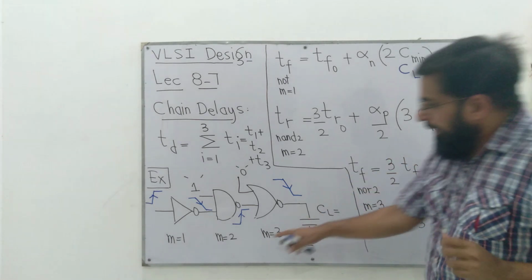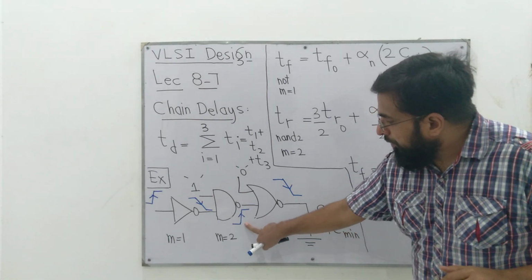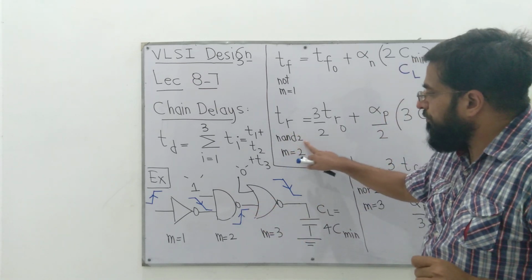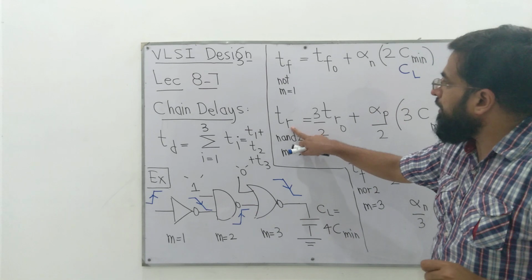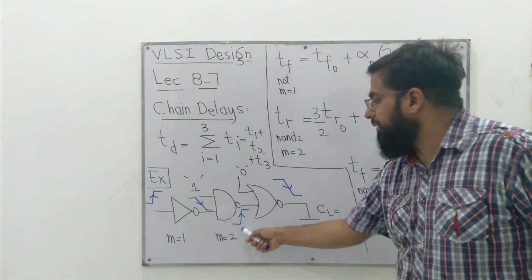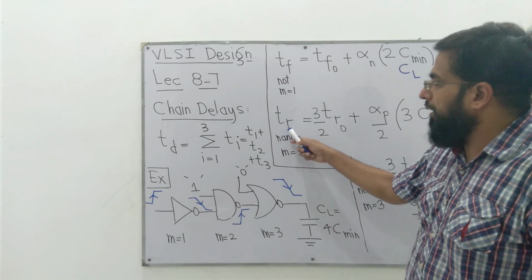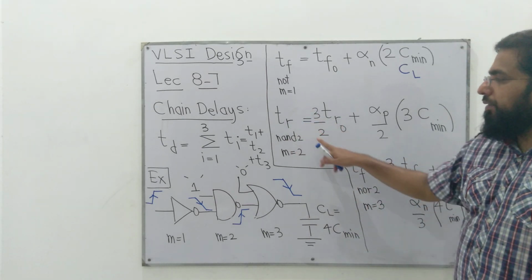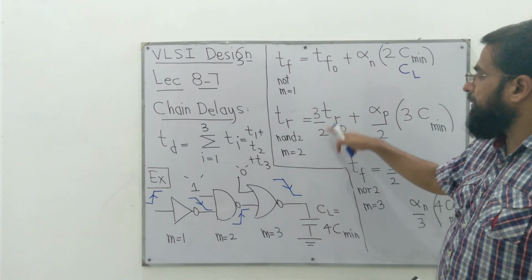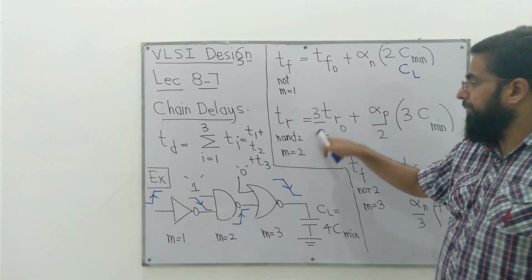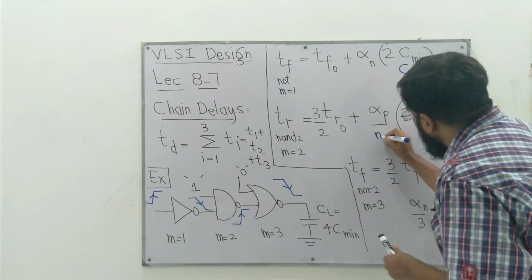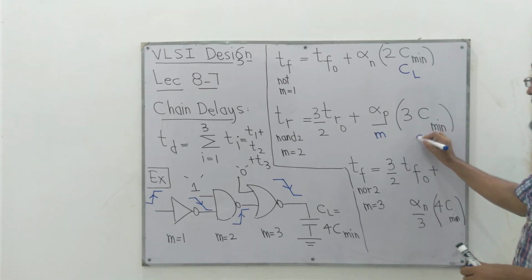Right. At this point, we'll talk about the rise time delay because the signal is rising. So TR of this NAND2 gate, this is TR, this is TF. Why TF? Because the signal was falling here. Here the signal is rising, therefore we are talking about TR. We have already studied the expression that for any M, as long as it is NAND2, this is 3 by 2 TR0 plus alpha P over M times CL.